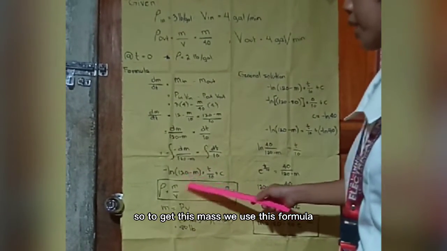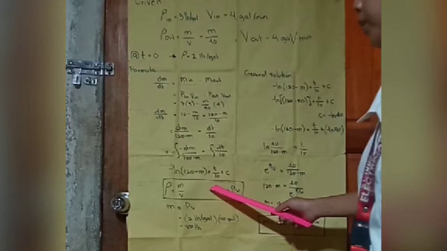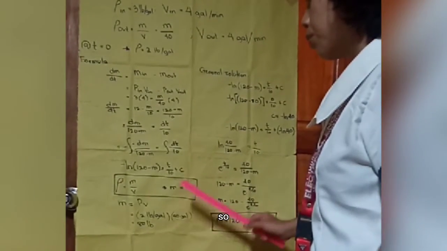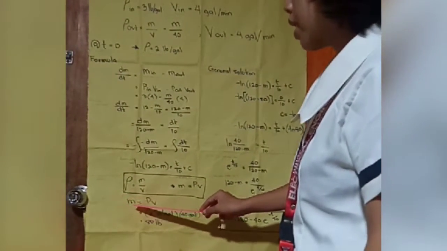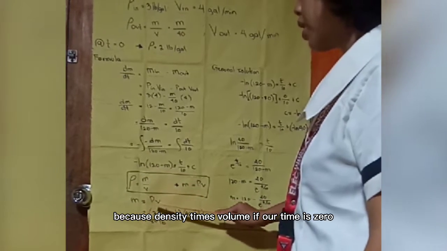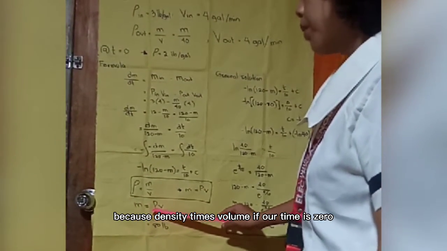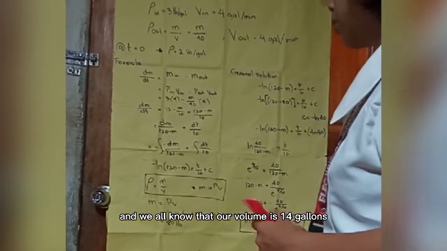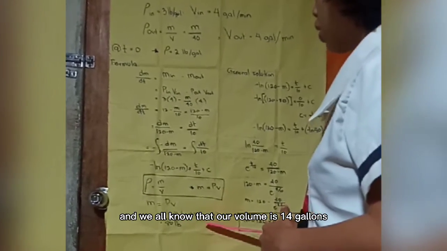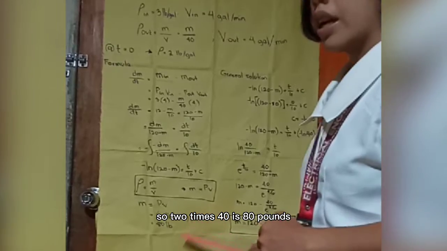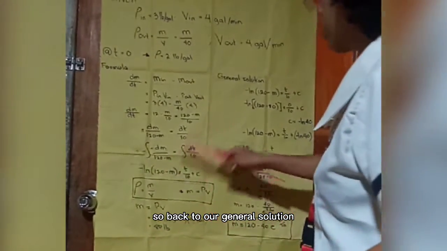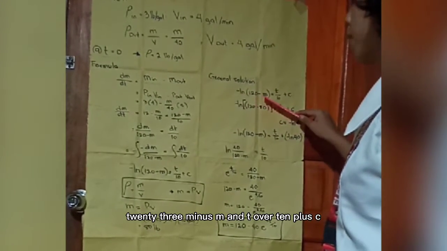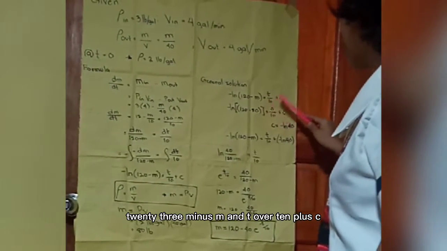To get the initial mass, we use the formula mass equals density times volume. If our time is 0, our density is 2 pounds per gallon, and our volume is 40 gallons. So 2 times 40 is 80 pounds. So, back to our general solution, negative ln of 120 minus m equals t over 10 plus c.